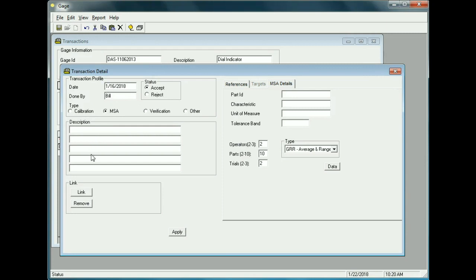We can put in some descriptive information related to this, but we'll just leave that blank for now. We can also assign a part ID that's going to be used for this particular study. Let's say the part ID is some number.